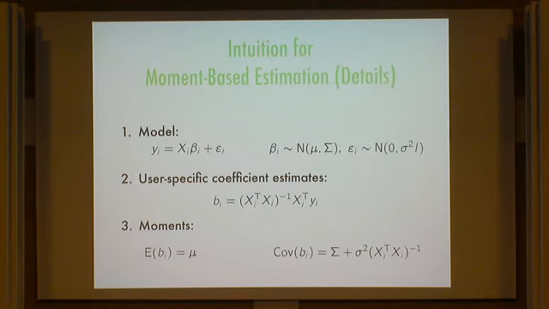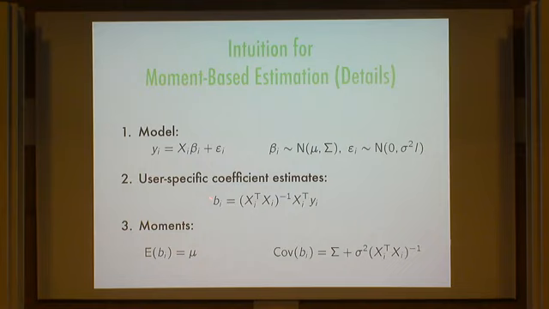Okay, so how does this work? I'll start with the full rank case. So assume this user design matrix Xi has full rank. My model is that the user ratings are equal to Xi times beta i plus error. So what I'm going to do is get a user-specific coefficient estimate. Here's just the least squares estimate. What are the properties of this estimate bi?